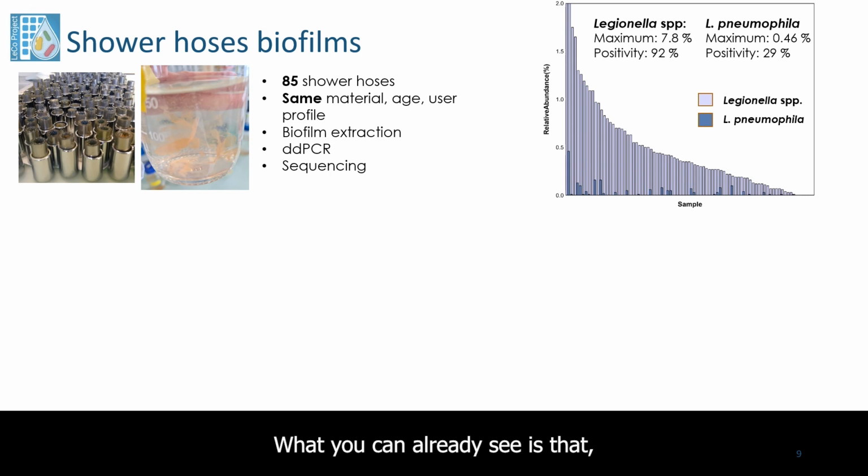What you can already see is that Legionella species, despite the similarities in the shower hoses, displayed a very differential pattern of occurrence. And Legionella pneumophila is only a small portion of the total Legionella species that we detected in these showers. So this made us think maybe the microbiome, the surrounding microorganisms, are influencing this occurrence of Legionella.